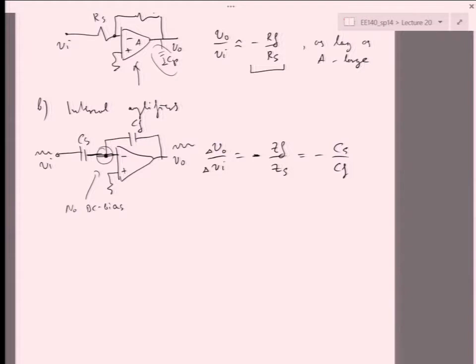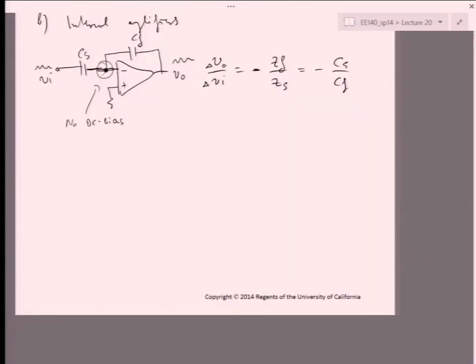So then you need to figure out some other technique or approximate technique with which you can still use this topology, but really provide a DC bias here. And what appeared as a consequence of solving this problem was switch capacitor amplifiers.